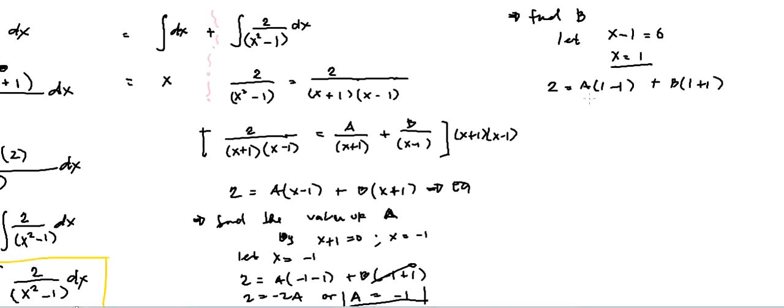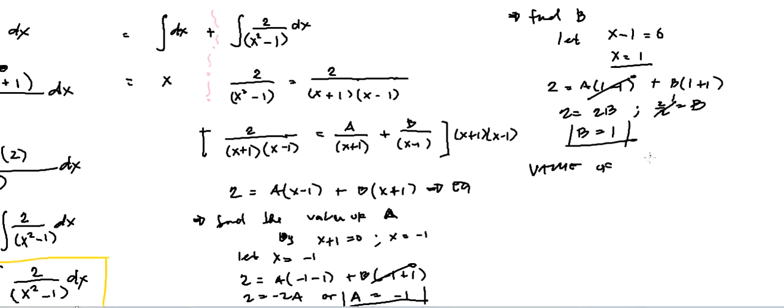So we have this is 0. So 2 is equal to 2B, or B is equal to 1. See, we have 2 over 2 is equal to B, or 1. Okay, so the values are A equal to negative 1 and B equal to 1. We will use this one.